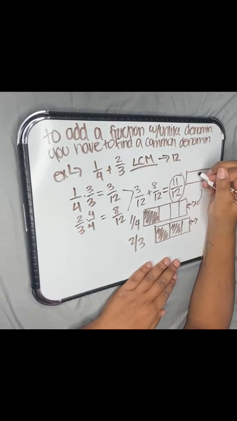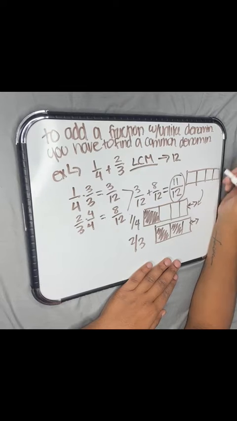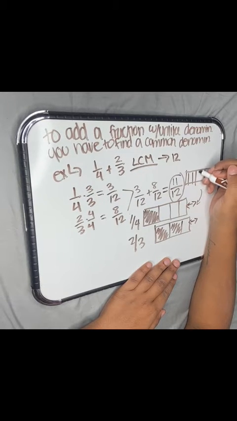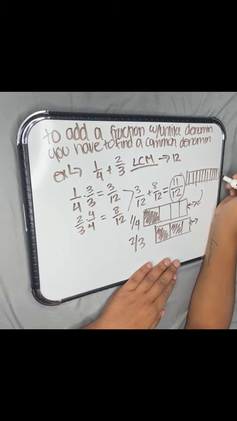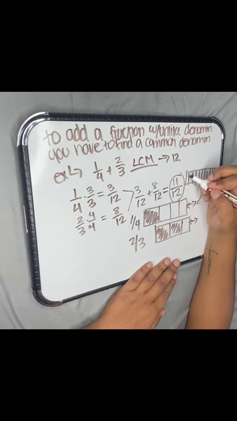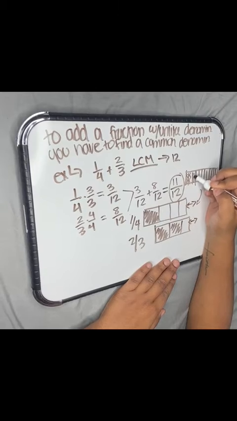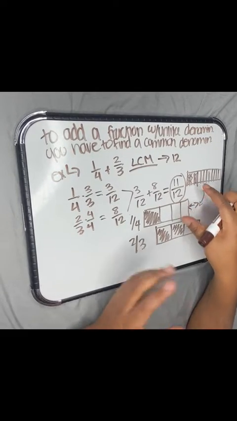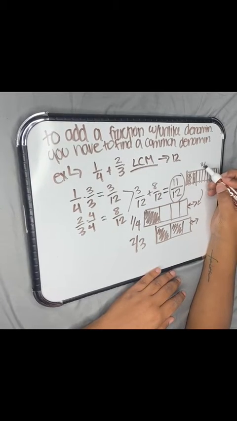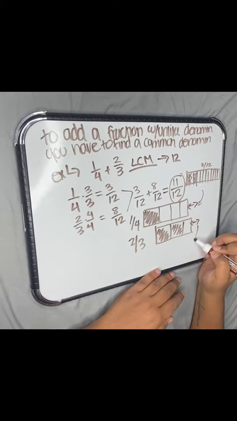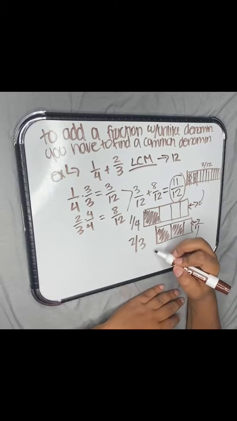Alrighty, so we need to make this into 12ths. 1, 2, 3, 4, 5, 6, 7, 8, 9, 10, 11, 12. So 1/4 is equal to 3/12. As you see below, the same amount of space is shaded in, just in smaller units. So 3/12. And then down here, we have our 8/12.